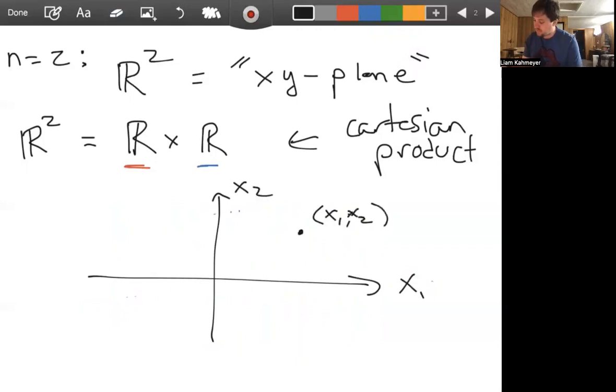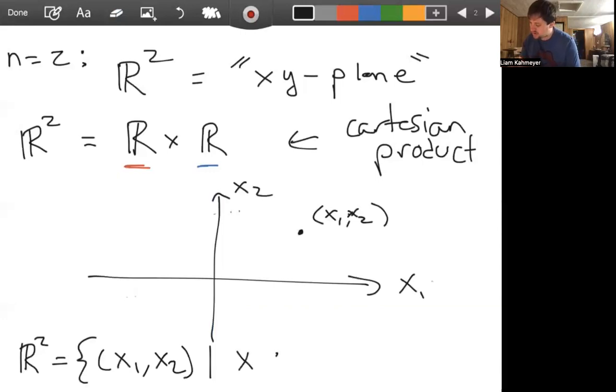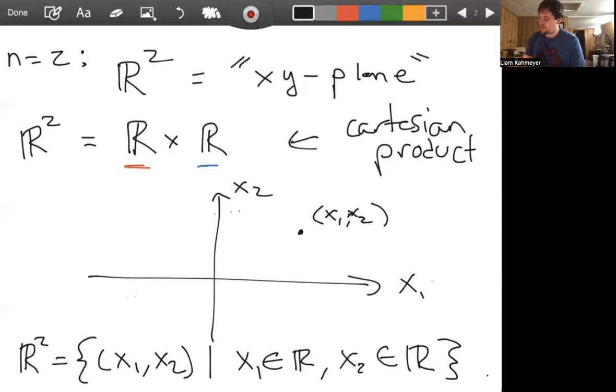If you would like a formal definition of the xy plane in set notation, these are the points x1, x2 such that, remember the bar in set notation means such that, x1 is an element of R and x2 is an element of R, right? So you pick a number on one real line, you pick another number on the other, you have x1, x2. This uniquely determines a point in the plane, right?